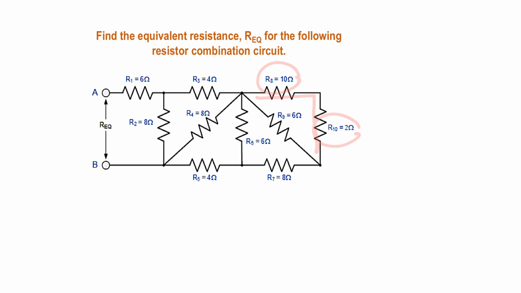If you have a junction over there, definitely it's going to be parallel. But if it is arranged in one path only, it is going to be in series. The combination of 10 ohm and 2 ohm is going to be parallel with what? 6 ohm.